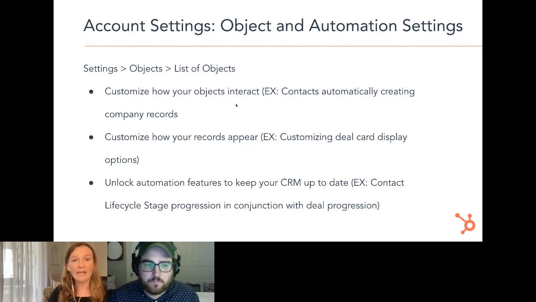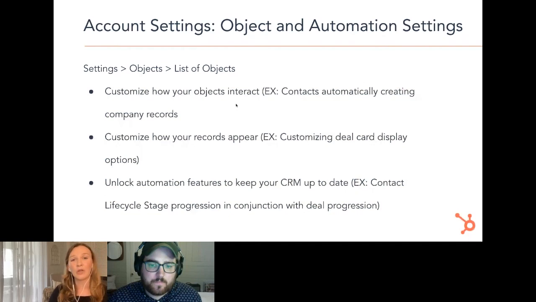And when we were talking about life cycle stages earlier, if you're in a business where having your different objects work together makes sense, then using something like the life cycle stage field becomes really important. For example, when you create a deal associated with a contact, the life cycle stage of the contact turns from lead to opportunity.